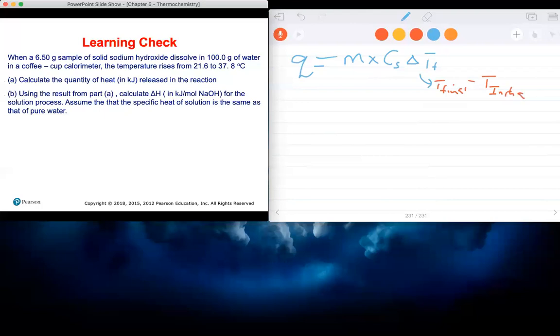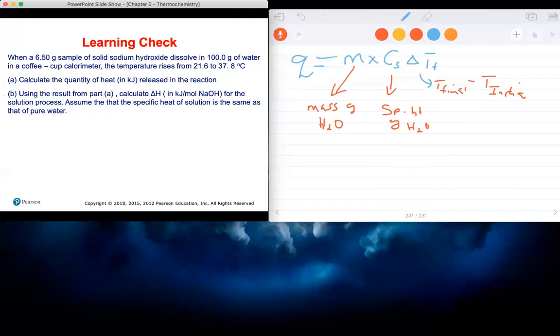T final minus T initial. This is the mass, and this is the specific heat of H2O.